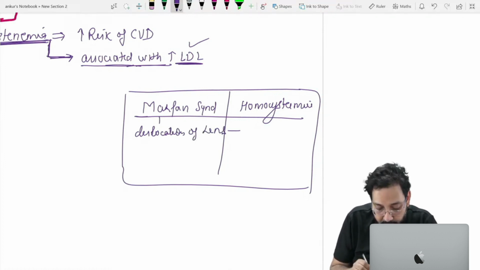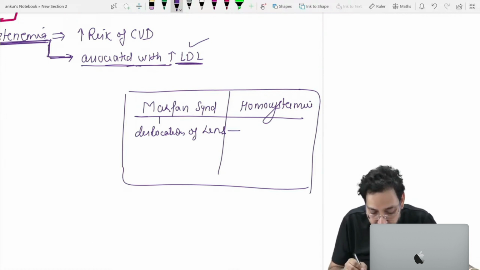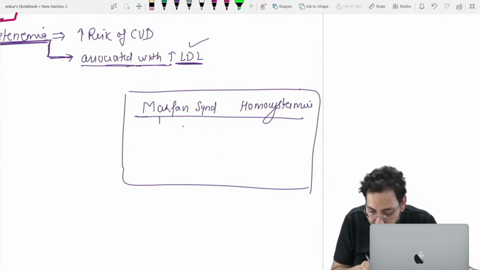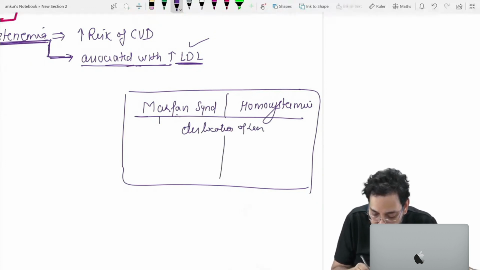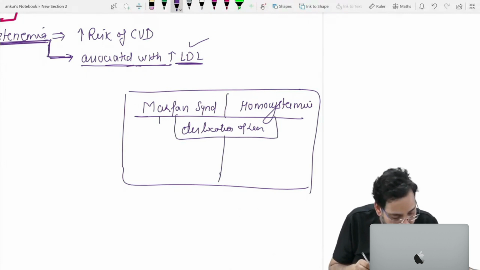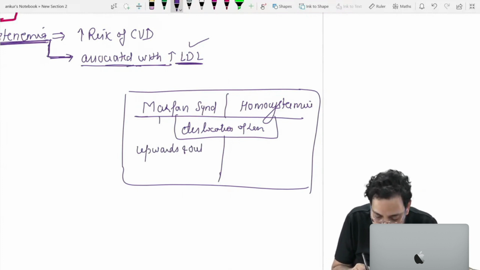In Marfan syndrome, do you have any idea about the dislocation of lens? Upwards, very good Ravi, and outwards.